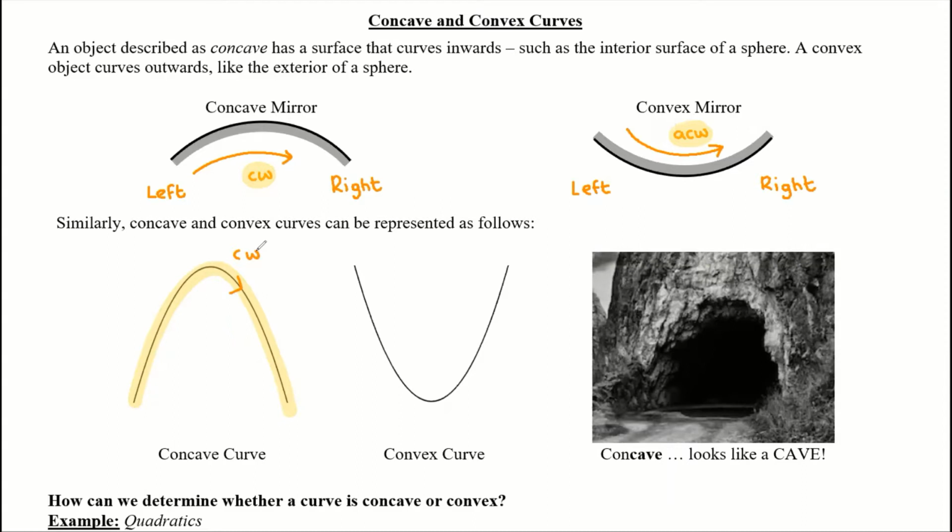If I grab my highlighter again, if I go from left to right, so I'm going along my curve like this, you can see the opposite direction. We are now moving in an anti-clockwise direction along the curve. So this is what convex means.